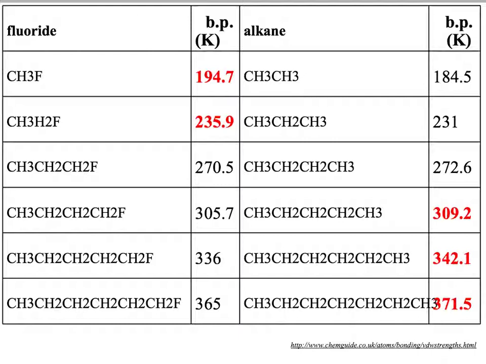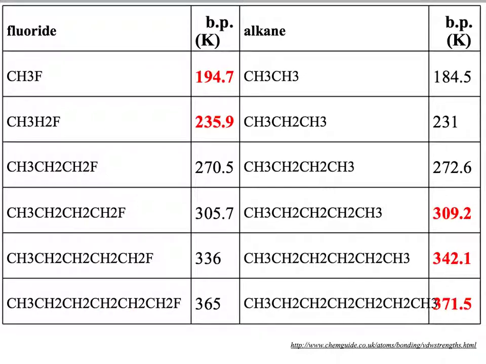And here's some other data that gives us an idea that, hey, maybe my dispersion forces are quite strong. I got the idea for this data from this site down here that I have credited at the bottom. If you look at some fluorides, we'll compare those fluorides to some alkanes. Here I have a 1 carbon fluoride, 2 carbon, 3, 4, 5, and 6 carbon fluorides.